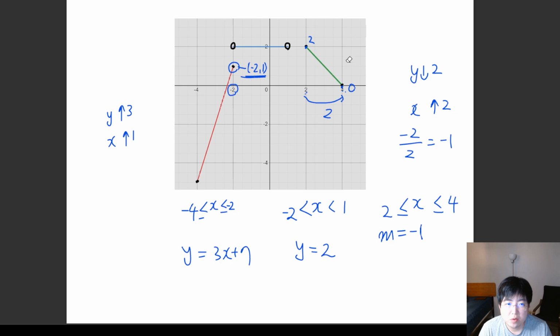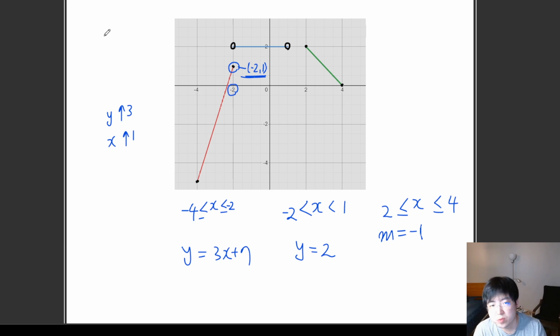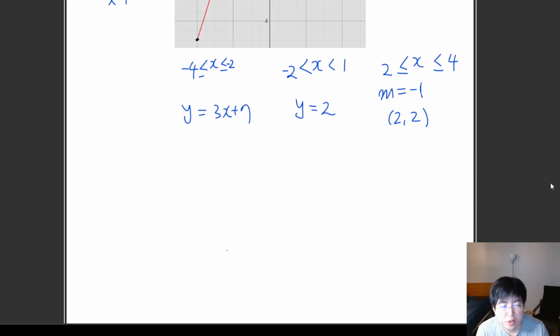Next, we need to find the y-intercept, but again, I cannot find the y-intercept because this doesn't extend to the y-axis. So instead of that, I'm going to use a point to use the point slope form again. So I'm going to use this endpoint when x is 2, y is 2, right? So I'm going to use that point to describe this linear equation.